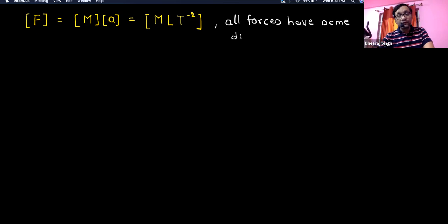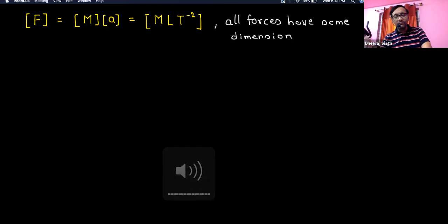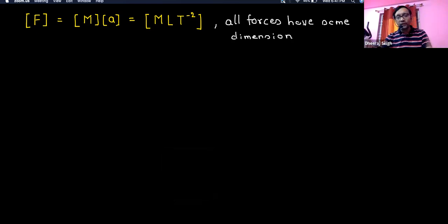Whichever force you talk about, whether it is nuclear force, electrostatic force, magnetic force, they will have a dimension of M L T to the power minus 2. If this is not the dimension of the force, then that is not a force. Understood?